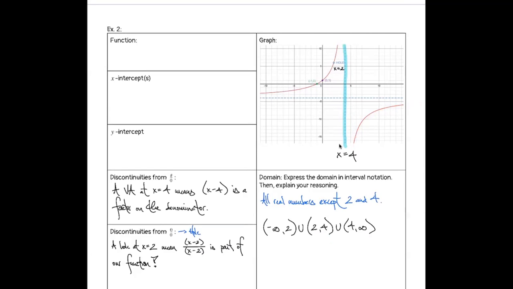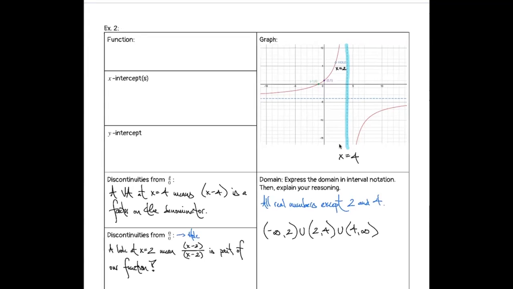I'll open this up to all groups now. Are there other things that we recognized about this function? It could be yes, it could be no. I recognize that the horizontal asymptote was shifted down by 4.